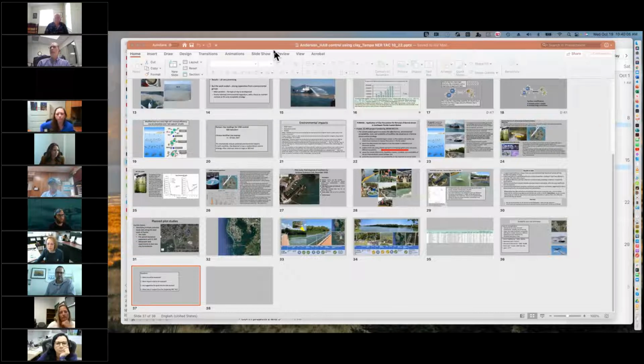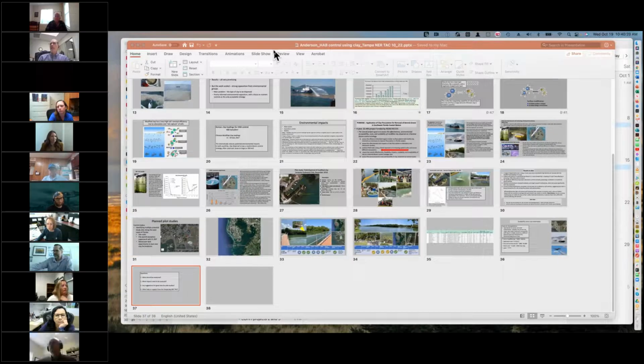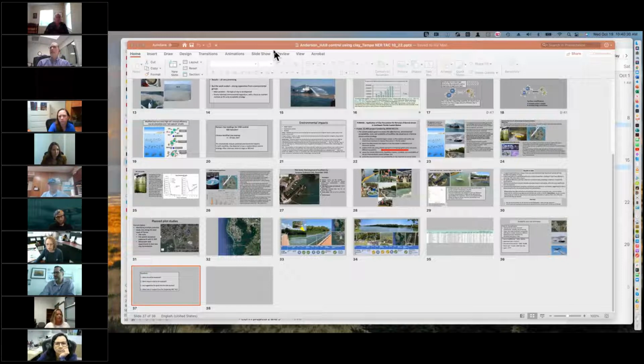That's a good question. I'm hoping the answer is yes. I honestly wish I could say yes, but right now I would have to say I don't know. But in the process we went through, we worked with FWC, the Florida Fish and Wildlife Conservation Commission, and they were the ones working with us and filing the state applications with DEP.